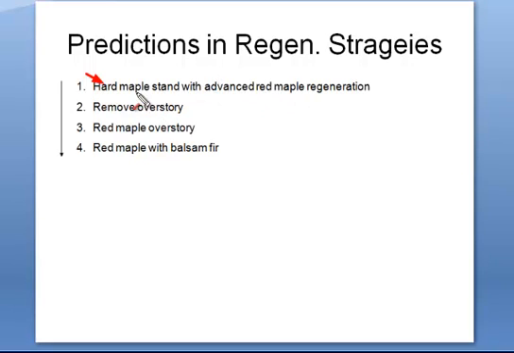For example, if you have a hard maple stand with advanced red maple regeneration, no surprise, if you remove the overstory of hard maple, the red maple will become the overstory, and then over time the understory will be red maple with balsam fir, which will eventually make this a red maple balsam fir stand.